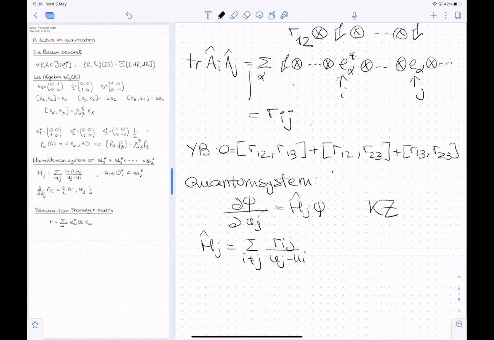This associative Yang-Baxter is the associativity condition for a new multiplication in the universal enveloping algebra. Mm-hmm. So it is a quantum interpretation of the same thing.